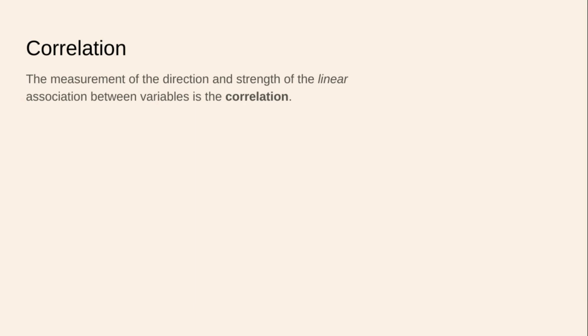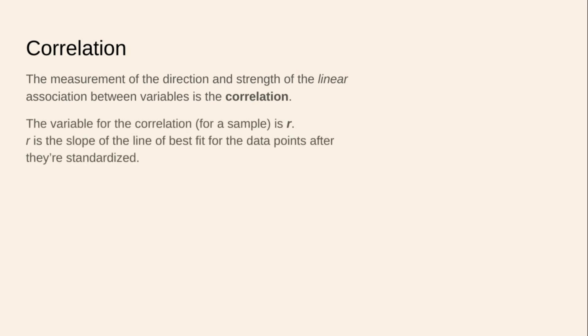But if we were to fit a number, a measurement, to the direction and strength of an association, that numerical measurement of an association is called the correlation. So an association is the actual thing. If we were to quantify the strength and direction of that thing, that's called the correlation.